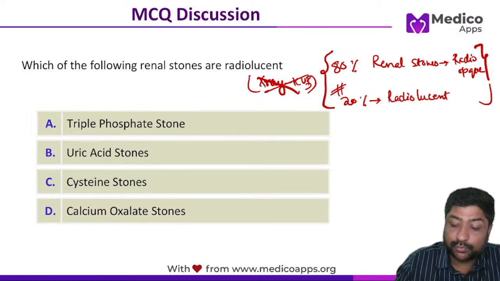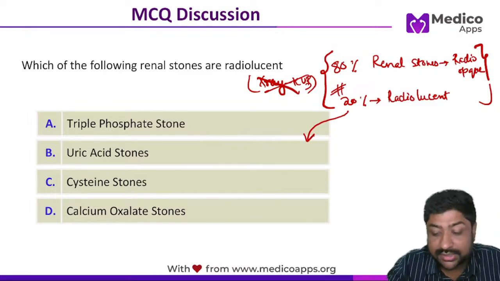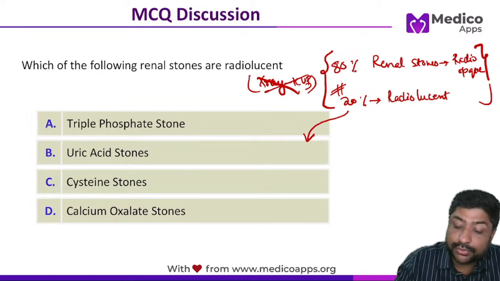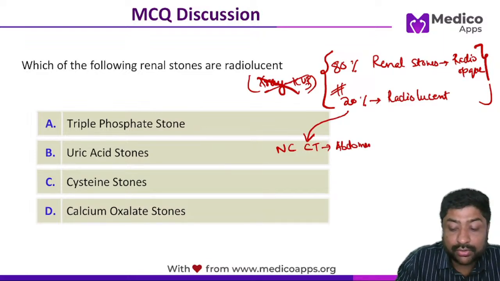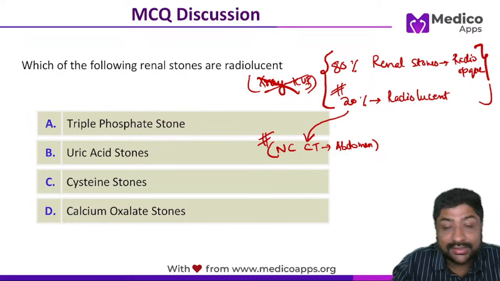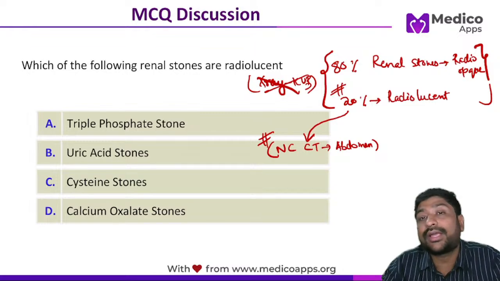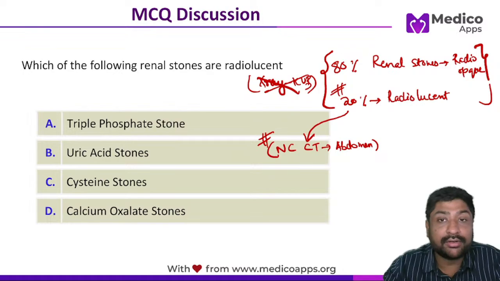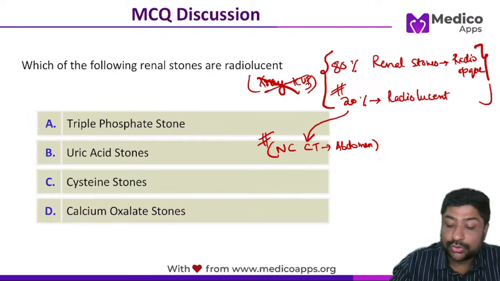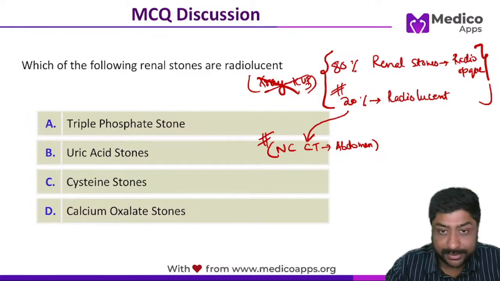The investigation of choice will be non-contrast CT of abdomen. Why non-contrast? Because sometimes these patients may have borderline renal functions, and if you use contrast, you may precipitate renal injury or compromise the renal function. So non-contrast CT abdomen becomes the investigation of choice.